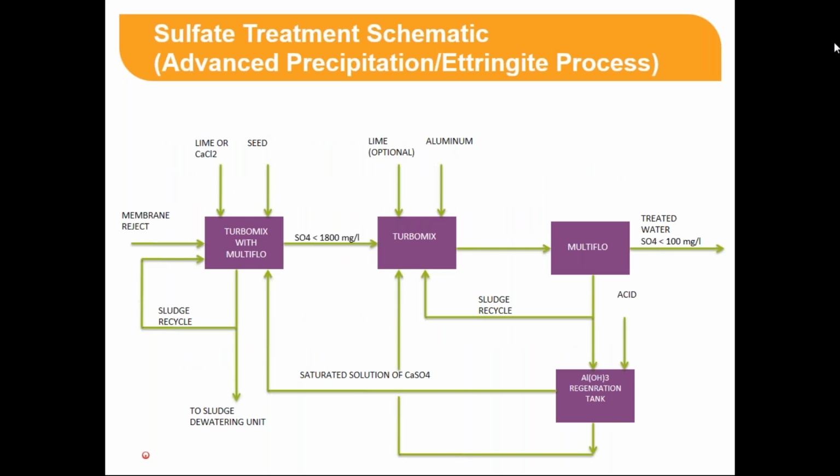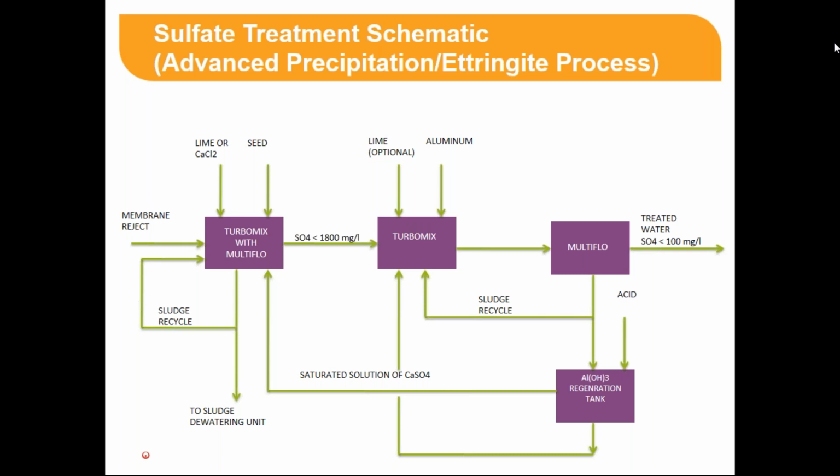So here is the advanced precipitation process, or ettringite process. The membrane reject, the NF or RO reject, goes to the turbomix reactor with a multi-flow. That's the first stage process where you reduce sulfates down to your theoretical solubility limits. Then it goes to the second stage process, or advanced precipitation process.